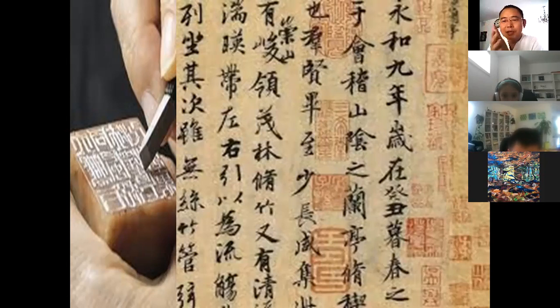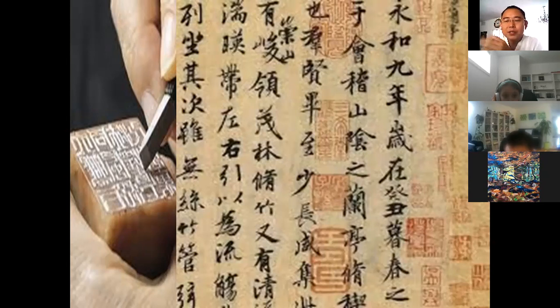And also maybe at a later time. So as we can see, we see a lot of seals. Some seals belong to the artist, some belong to the collectors, some belong to, maybe, the fixer. For instance, some portion of this piece is broken, and someone came and fixed all the broken parts, and in the end he will also love to put his name on the surface of the painting.